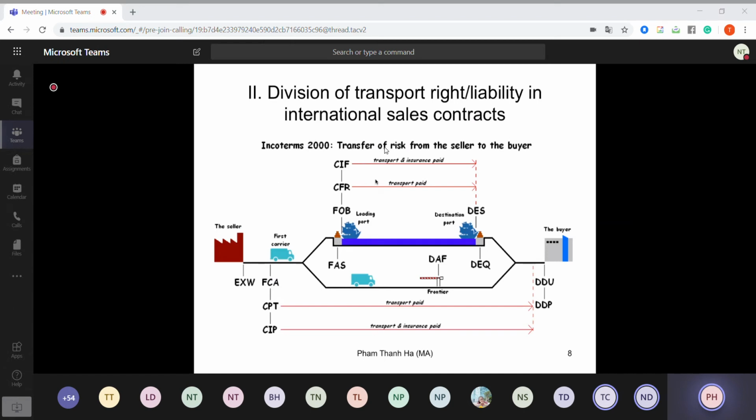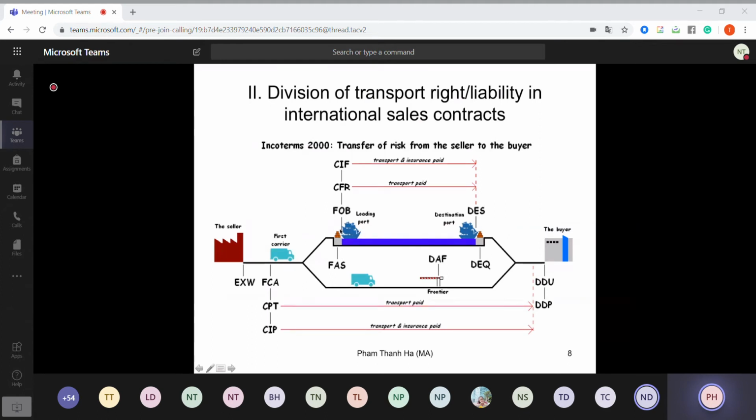For the C group, the two points are different. It's also the difference between the C group and the F group and also the D group. For the F group, the point to transfer the risks is exactly the point to transfer the cost. For example, with FOB, they are all here.